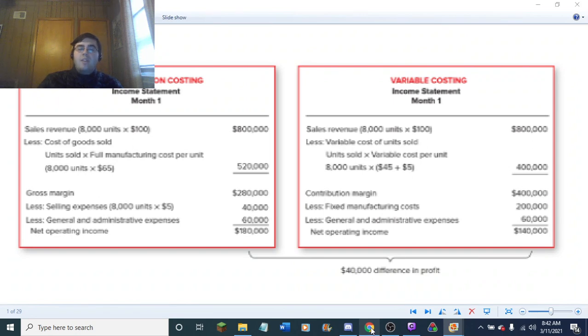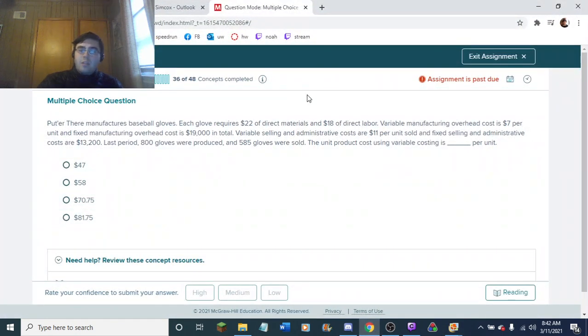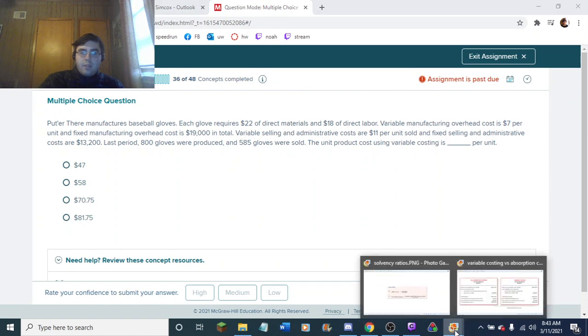So you just calculate the variable cost, that's it? Wait a minute.